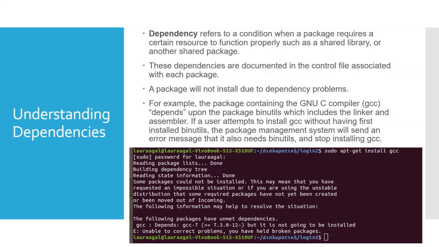Meaning you need to install the dependency in order to be able to install the GCC package. Also, the example given in the book: you want to install the GCC compiler, but you need to have binutils, which includes the linker and assemblers. If you don't have binutils prior to GCC, you might face an error asking you to install binutils. So this is dependencies.